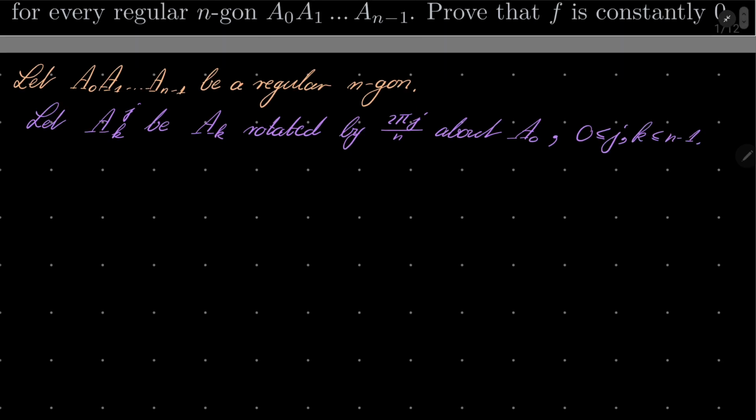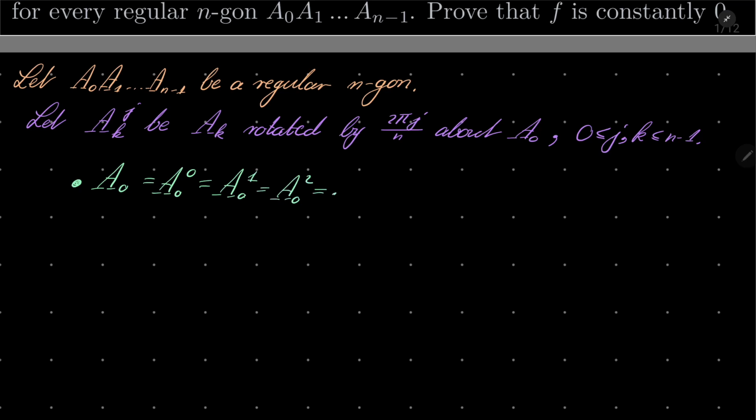Notice a few things. First thing to be noticed is that a0 equals a_0^0, because it's this very point rotated by angle 0. Well, a0 rotated by anything is still a0, so it's a_0^1, a_0^2, and so on. So point a0 stays the same, because we are rotating about a0, of course.